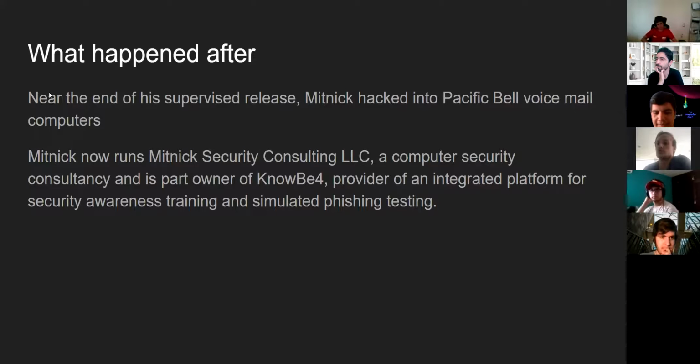He actually went to jail, but this guy is famous because he's very controversial because of all the things he did, and some people say he shouldn't have been in jail. Right now he runs Mitnick Security Consulting, which helps companies make their software safer.